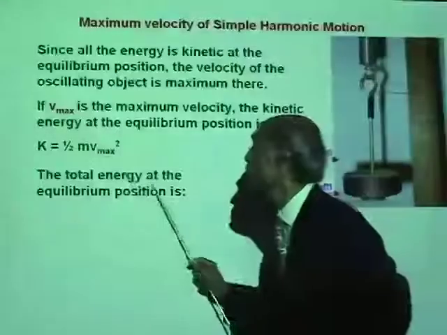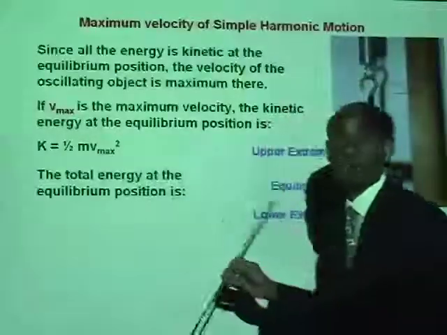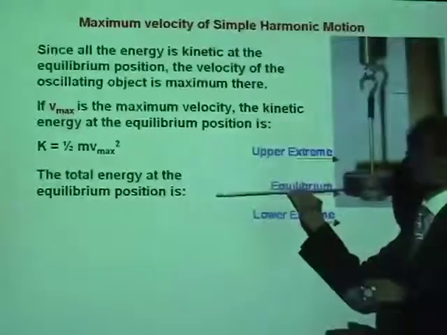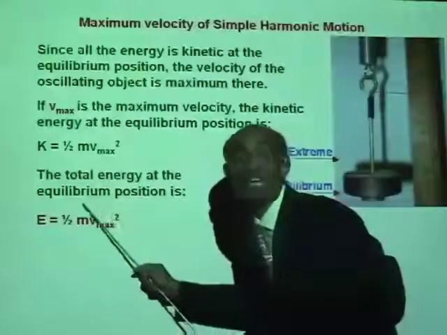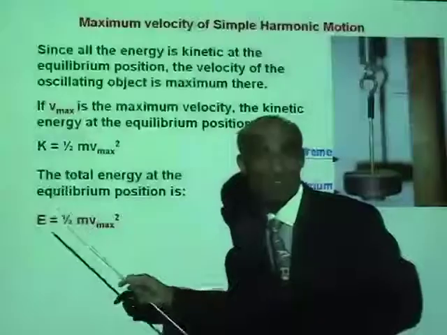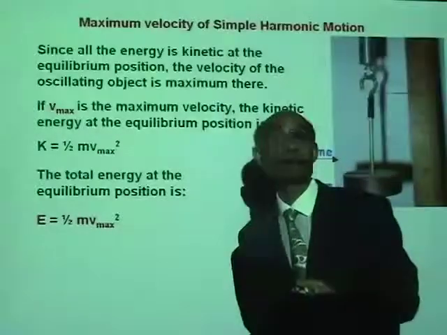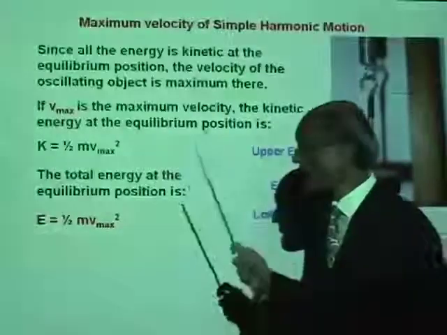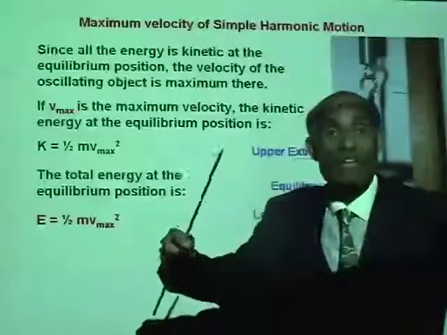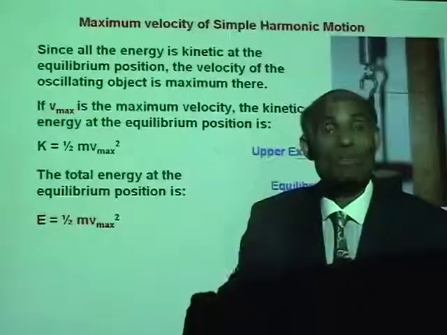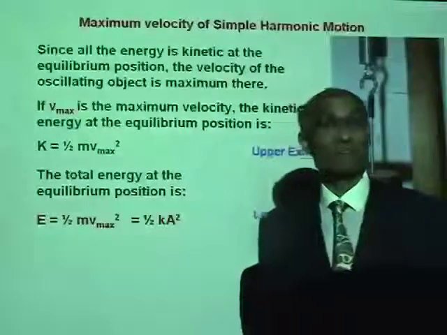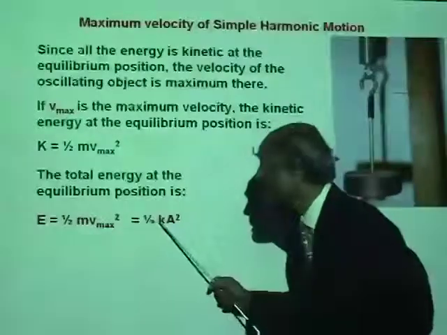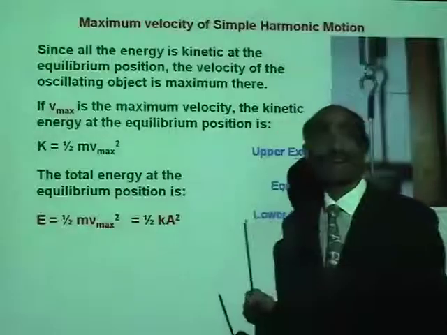The total energy at the equilibrium position, tell me, what is the potential energy there? It is 0. So the total energy is just the kinetic energy, 1/2 m v max squared. And you know that the total energy of a simple harmonic motion is 1/2 k A squared. That's equal to 1/2 k A squared.